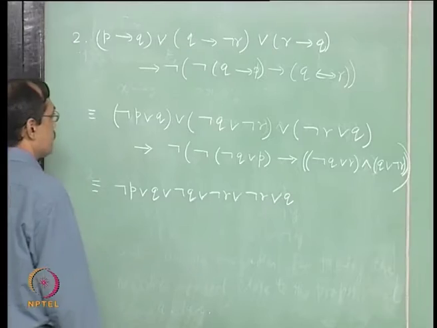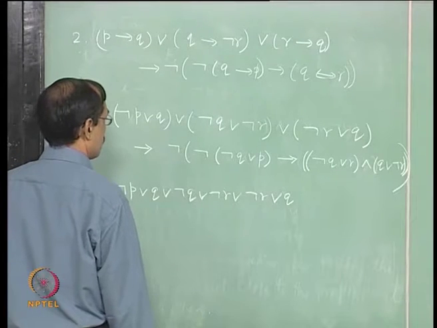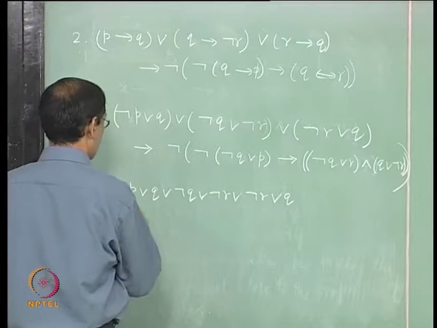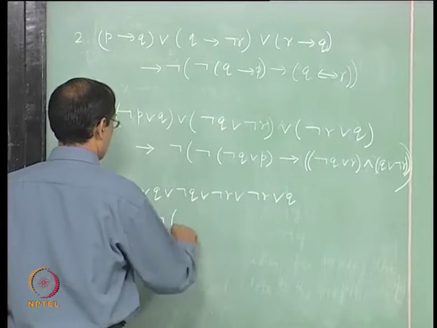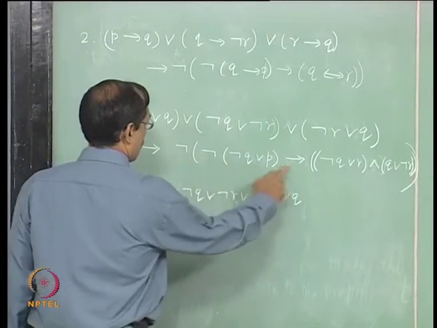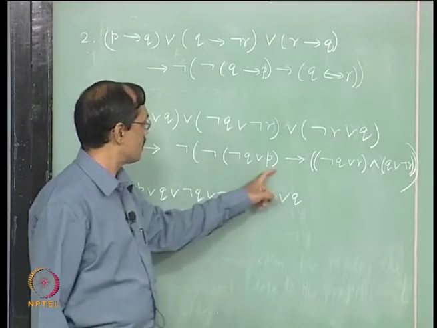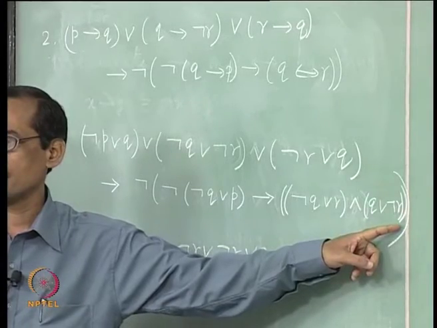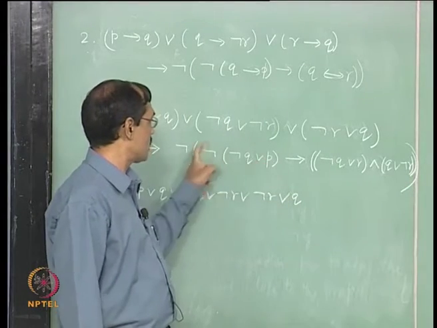Okay. This implies not of, now this becomes not of this or this, okay, and not of this is what?